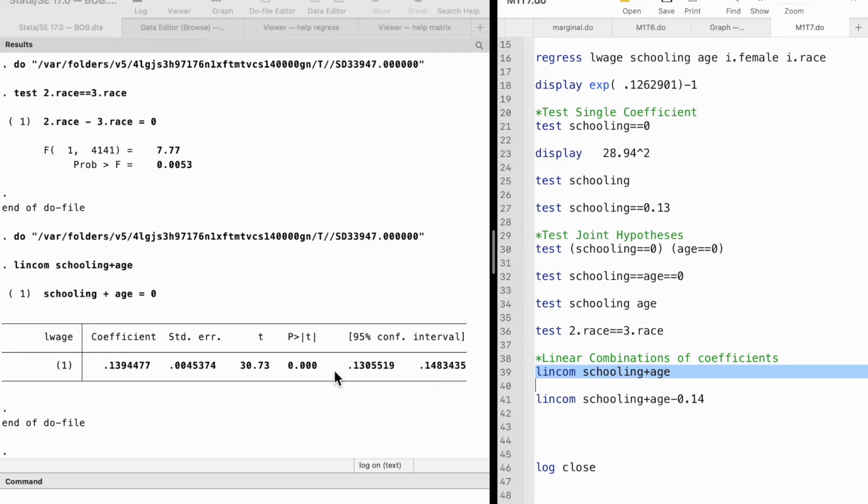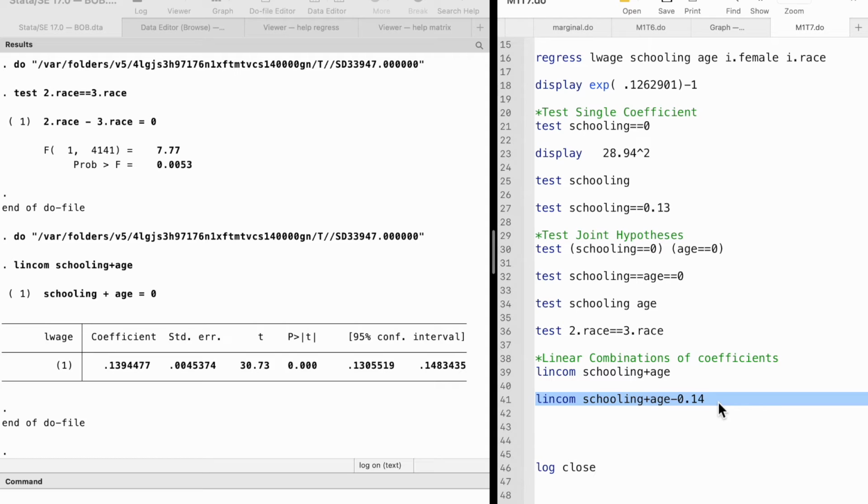If we are asked whether the total education and experience effects are 14%, we can use the lincom command to test this hypothesis. We type lincom schooling plus age minus 0.14.